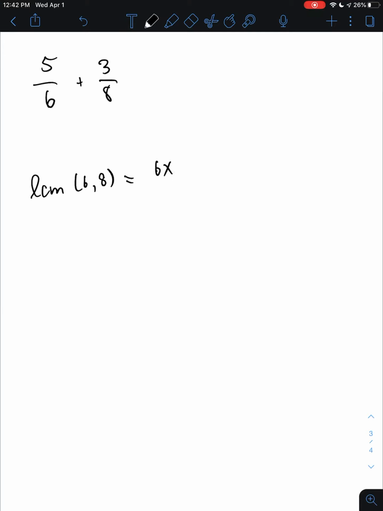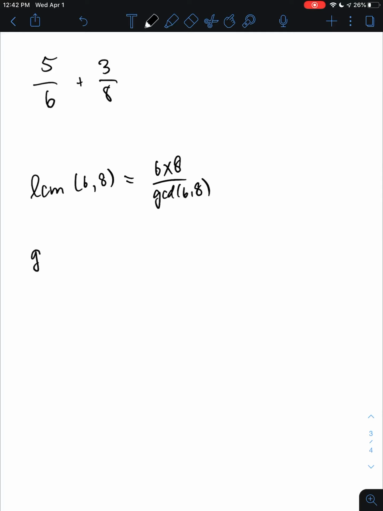So let's take another example, slightly more interesting. So 5/6 plus 3/8. I want to add these two fractions. I'm going to do this by finding the LCM of 6 and 8, the LCM of the denominators. And that is 6 times 8 over the GCD of 6 and 8.